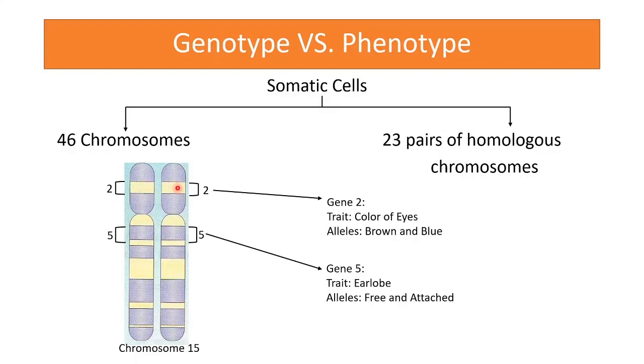Or maybe I have inherited two blue alleles, one from the mother, one from the father. Or maybe I have inherited two different alleles, one brown and the other blue. So here is the difference between these two homologous chromosomes. Since in this case they have different information, different alleles, they are not identical at all.